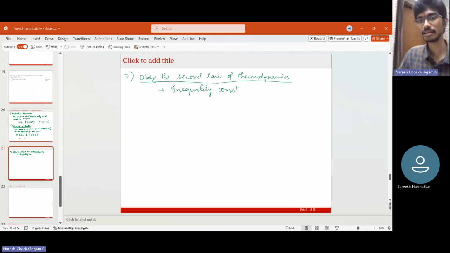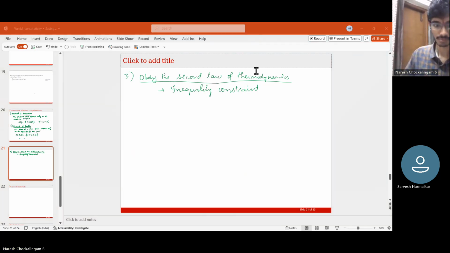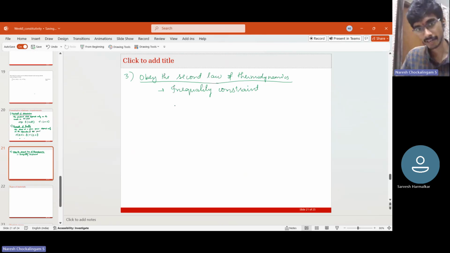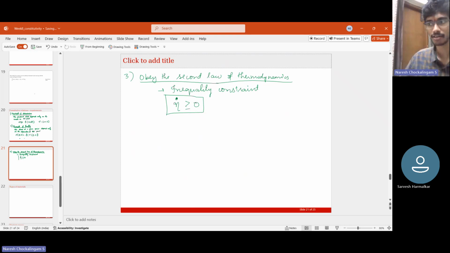We have an inequality constraint, and that should be satisfied. Basically, the entropy of an isolated system cannot decrease. So n dot has to be greater than or equal to 0. Whatever constitutive relationship we have has to obey the second law of thermodynamics.